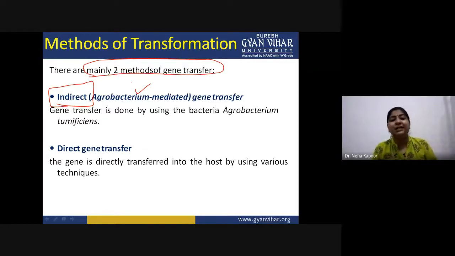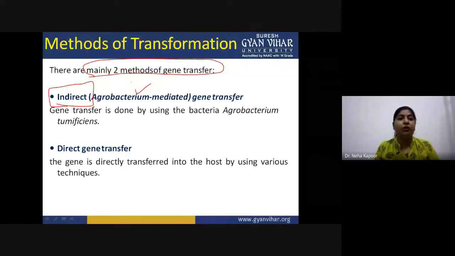This technique is very useful if you want to transfer a particular gene of interest from one bacterium or any other source into the plant. Suppose you want your plant to become resistant to a particular type of disease, or you want a herbicide resistance gene to be integrated.